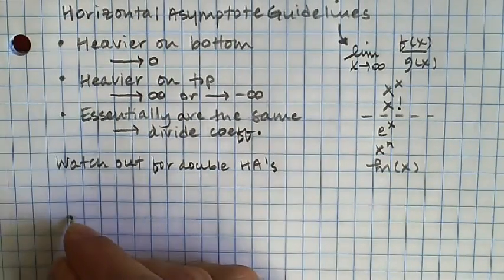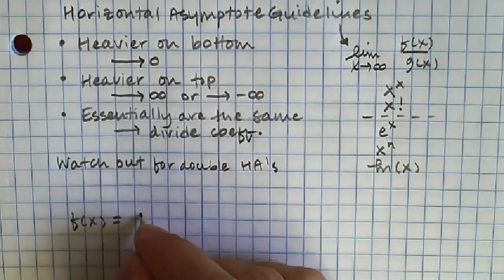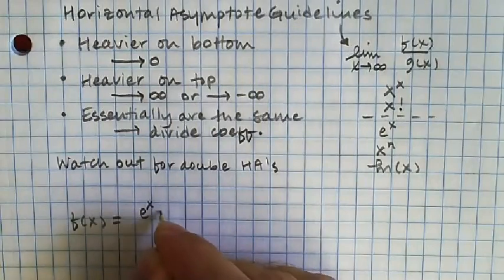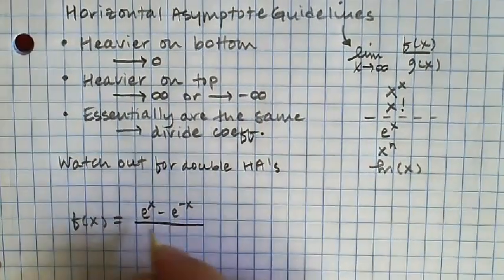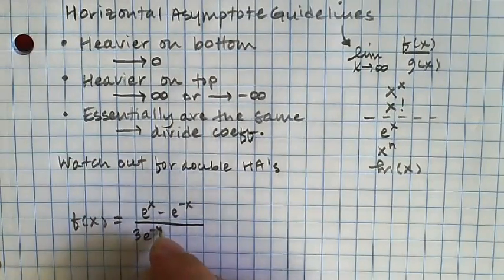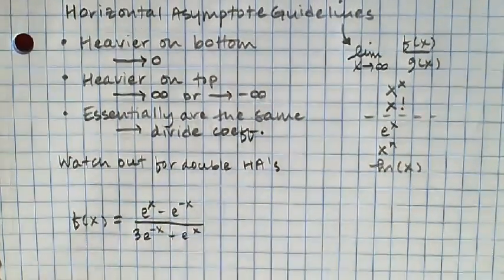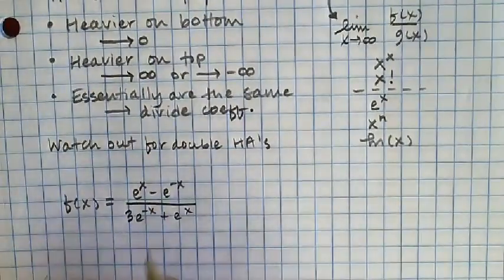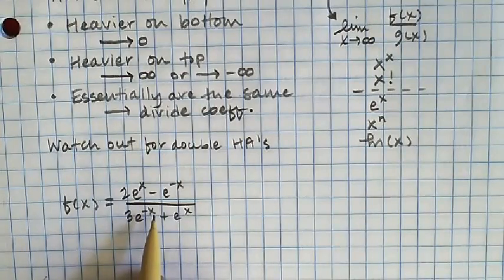So I'm going to say e to the x minus e to the negative x over 3e to the negative x plus e to the x, something like that. And maybe I'll change that to a 2 so I can actually run through this one and show you why there's two horizontal asymptotes. Okay.